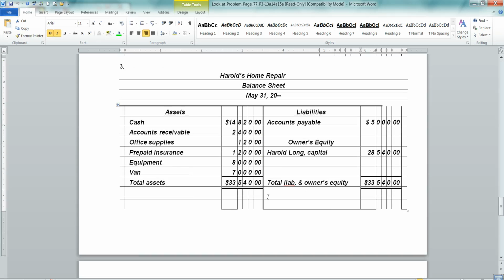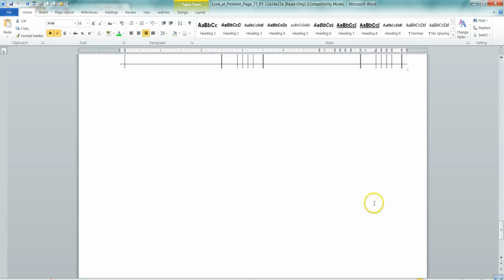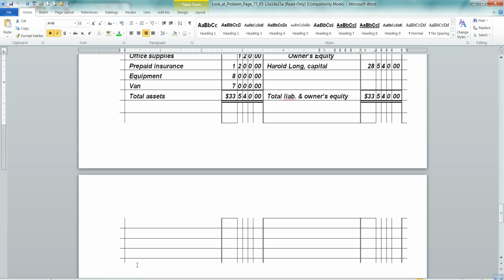We always check our balance sheets. We take all our assets, our liabilities, and owner's equity, and they must always agree. And that is it. Use this to complete problems 13B, 14B, and 15B.